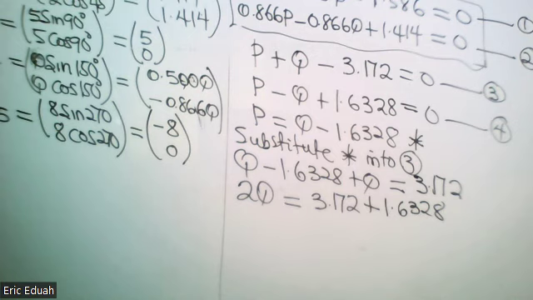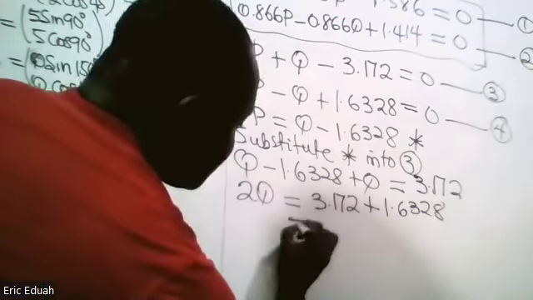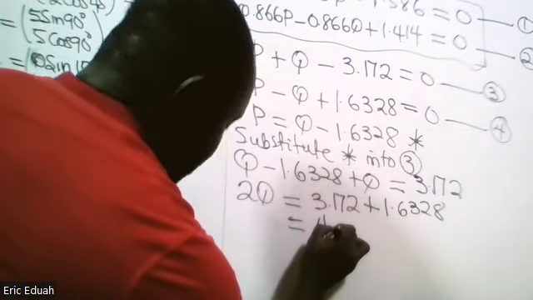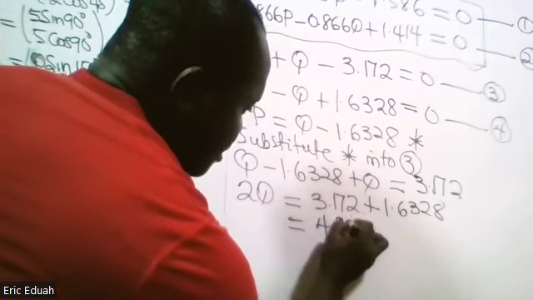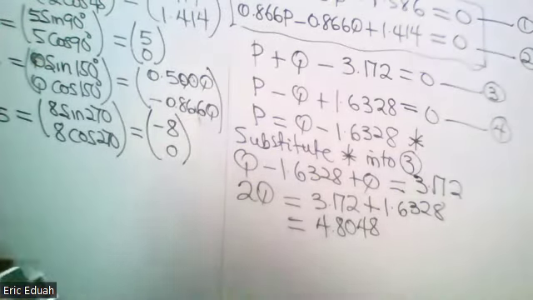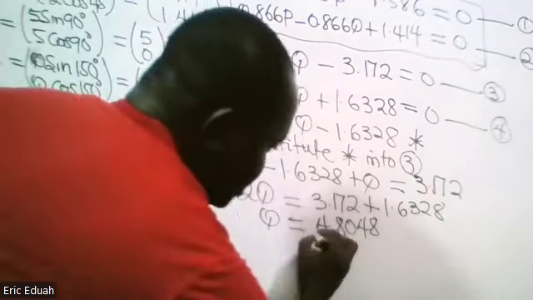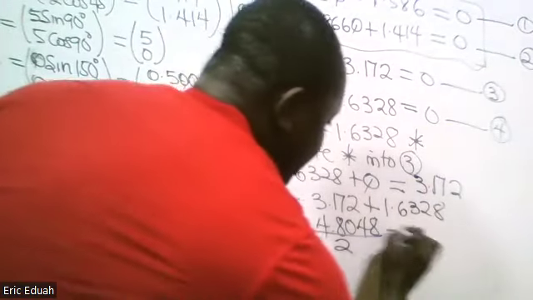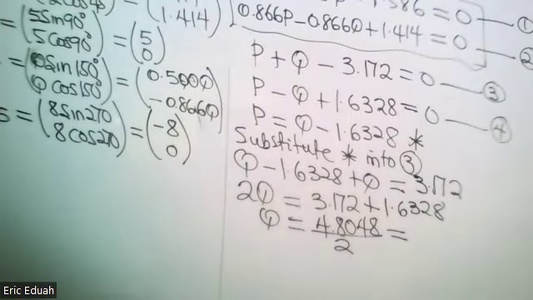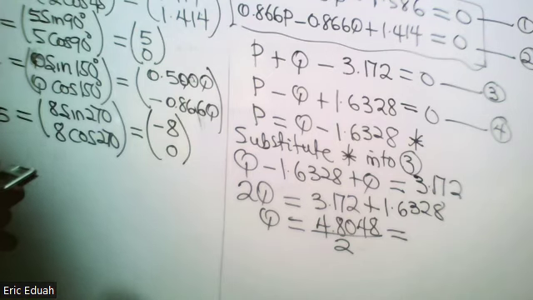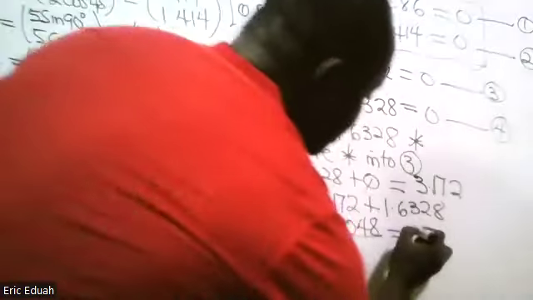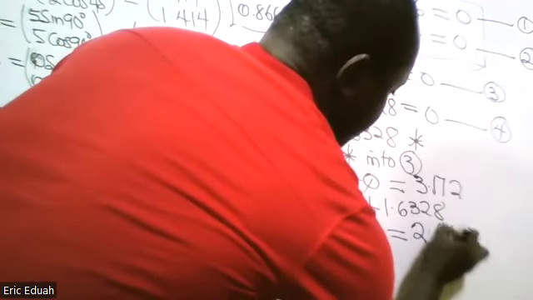We have 4.8048. Then you divide through by 2 to find Q. Q is equal to this divided by 2. And we have Q as 2.40, 2.40 Newton.